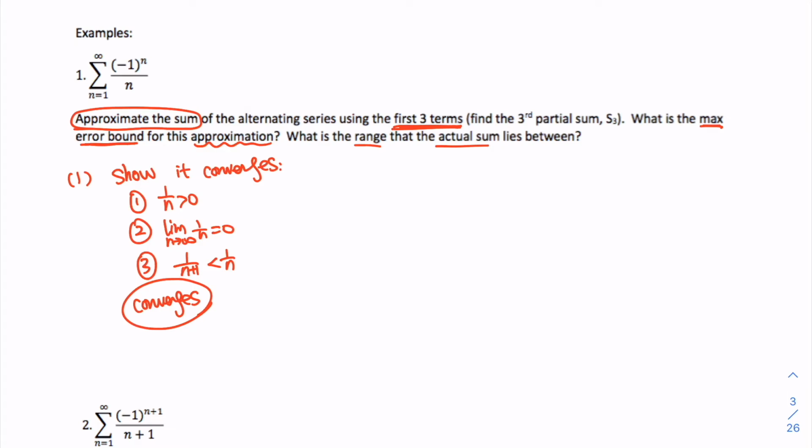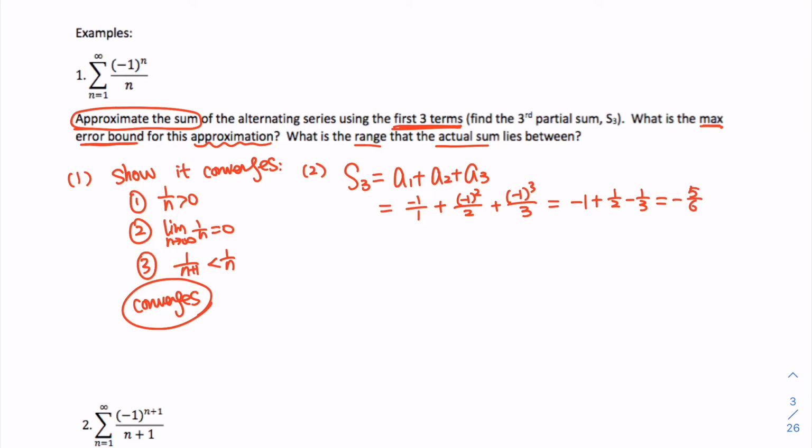Next, if we use the first 3 terms, we call it S_3, a_1 plus a_2 plus a_3. We plug in 1, 2, 3, so it's -1/1 plus (-1) squared over 2 plus (-1) cubed over 3. This gives us -1 plus 1/2 minus 1/3, which is -5/6. This is the sum of the first 3 terms.